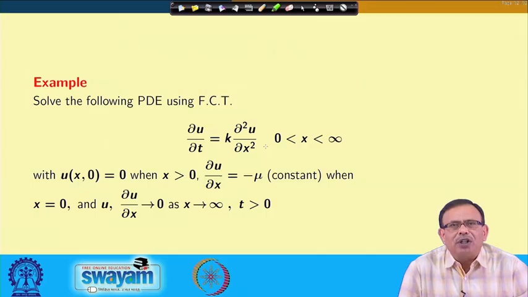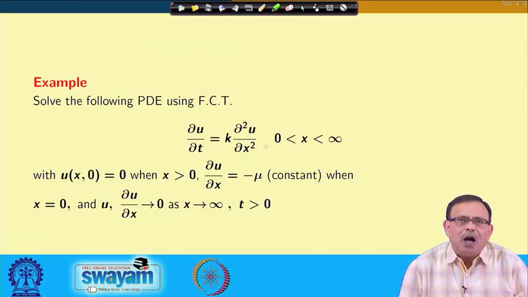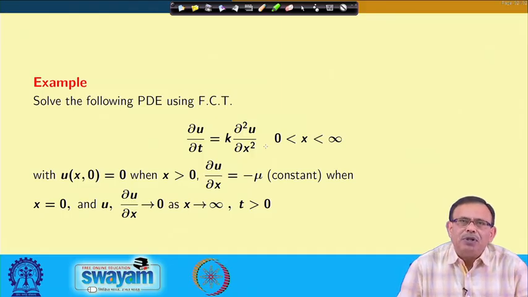The range is given as x lies between 0 and infinity. If you note this problem, you will find that nothing is said about t. What is the range of t? That is actually not always known. In one case only we are given that t is greater than 0.